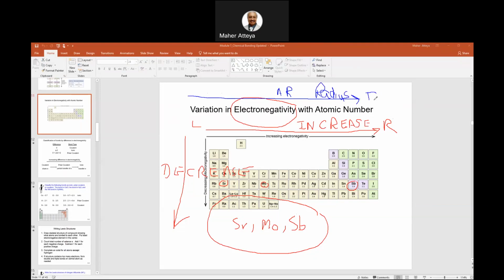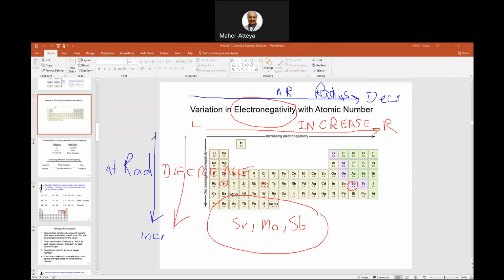This one is decrease, and this one here increases, quite the opposite of decrease and increase. So that's the atomic radius. Are you following me here?